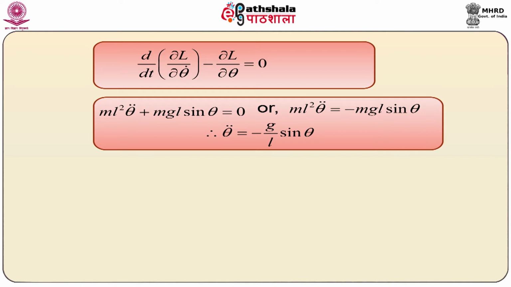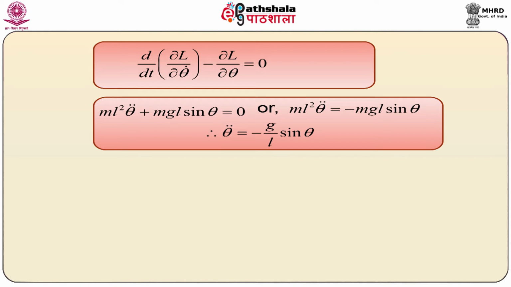So, Lagrange's equation of motion corresponding to theta coordinate is given by d/dt of del L del theta dot minus del L del theta equal to 0. Here L is the Lagrangian, theta is the only generalized coordinate, theta dot is the generalized velocity, t is the time.